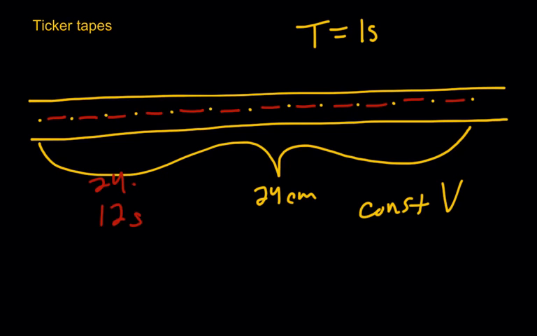So 24 centimeters divided by 12 seconds means that this car was traveling at 2 centimeters per second. You could figure out a velocity by knowing how much distance it went and what the period of the timer was. Let's look at another ticker tape and try to figure out what happened here.